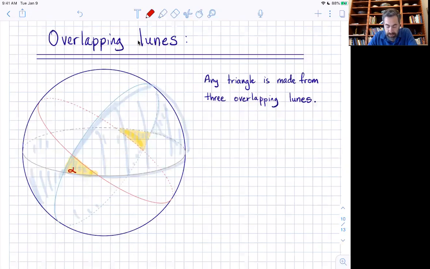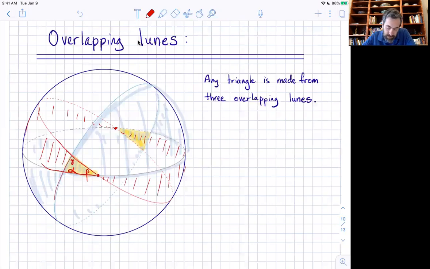The other double loons: there's the beta one. Beta is this angle, and you see that over here there's another loon that starts off this way and goes around to the antipodal point, the opposite point. And here's the other side of that double loon, which comes back and swallows up the yellow triangle again. And finally, for gamma over here, we get a third loon going this way and its twin going that way.